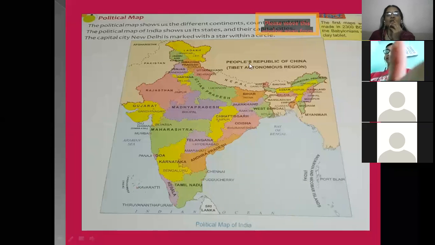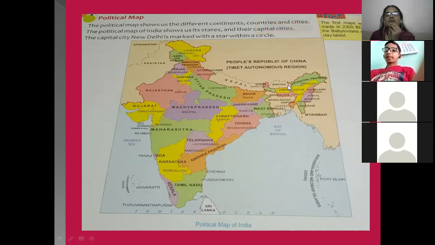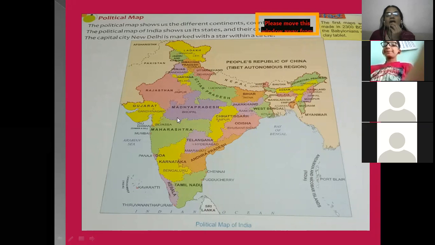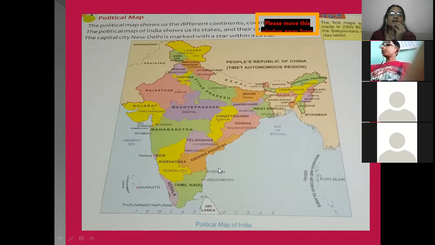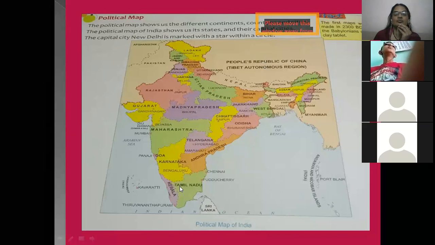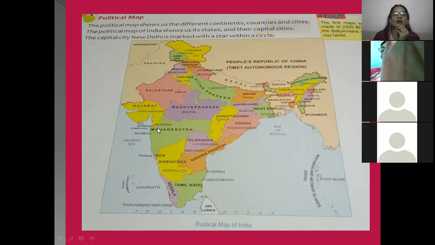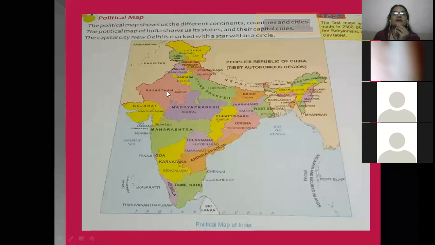Then Uttar Pradesh, Bihar, Sikkim between two neighboring countries, Assam, Arunachal Pradesh, then West Bengal, Jharkhand, Chhattisgarh, Odisha, Andhra Pradesh, Telangana, Tamil Nadu, capital Chennai, Puducherry is the union territory, Kerala, Karnataka, Goa, Maharashtra, Madhya Pradesh, Gujarat, Rajasthan.